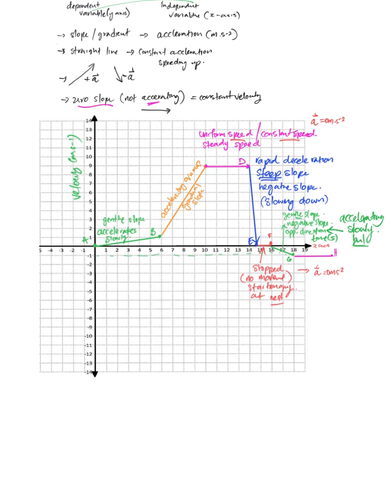Then if I look at H, G to H is doing the exact same thing as C to D. It's a constant speed or steady speed. Right? Here in this situation, it's increasing as well.